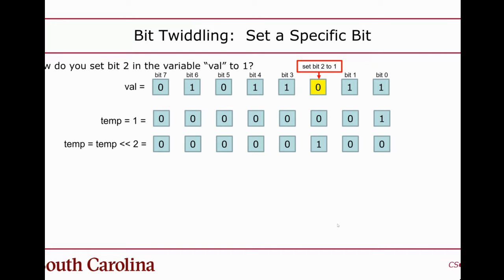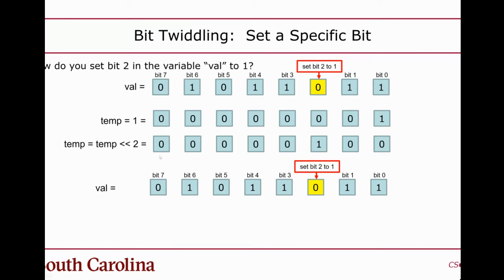What you're doing there is setting up a temporary variable that you can use to merge into the original variable. So we have a variable here called val, and there's this temp, in which we've maneuvered the 1 bit into bit position 2. Now remember, the bits are numbered from right to left starting at 0. So the rightmost bit is 0, and bit 2 would be the third bit from the right.